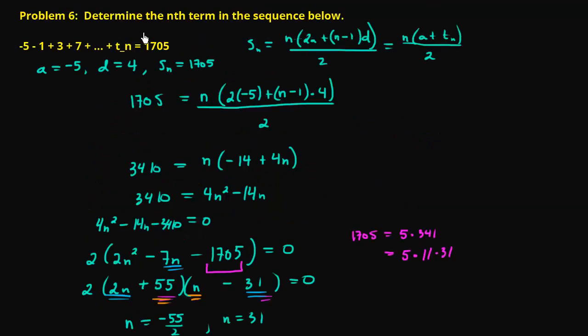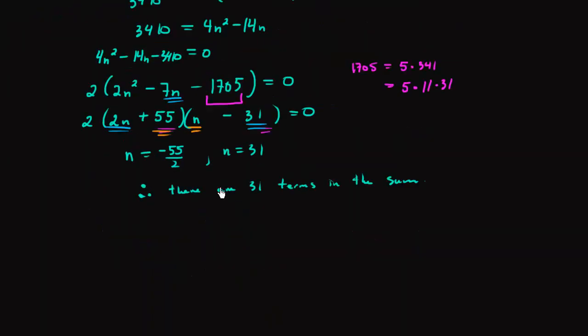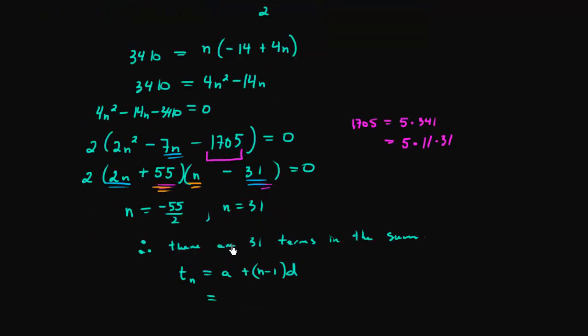The question didn't ask us to determine how many terms there were. The question asked us to determine the nth term. So remember, for a term in an arithmetic sequence, we have that t sub n is equal to a plus n minus 1 times d. And we know that the first term was negative 5.